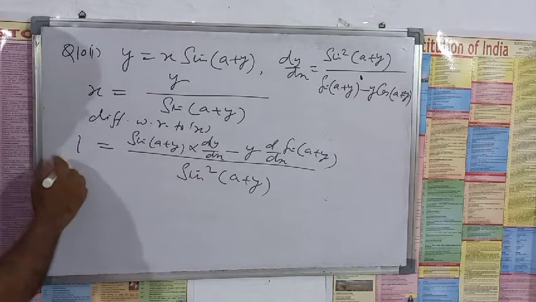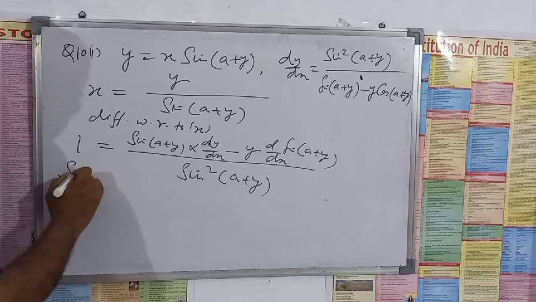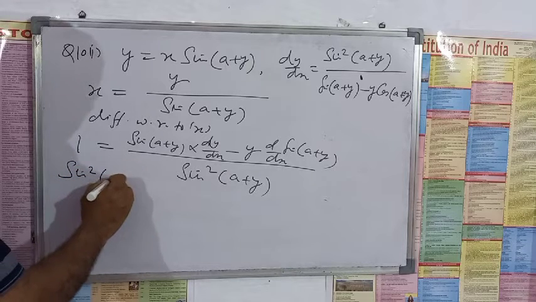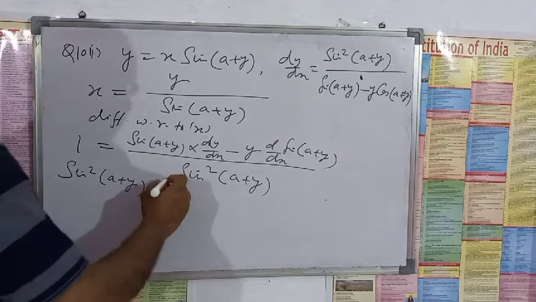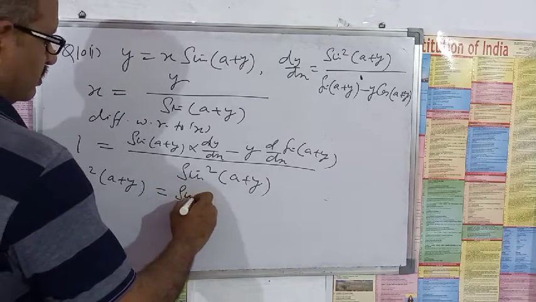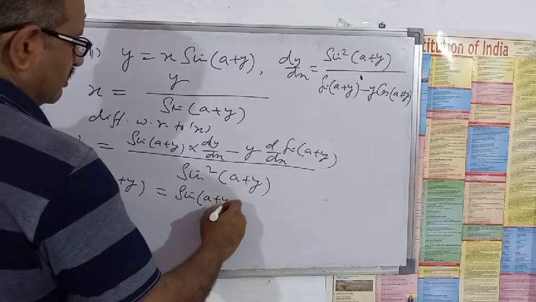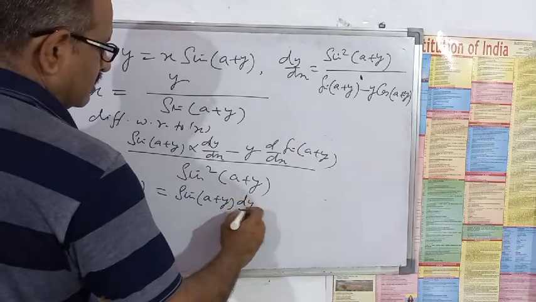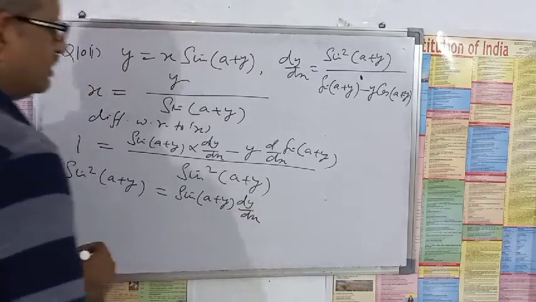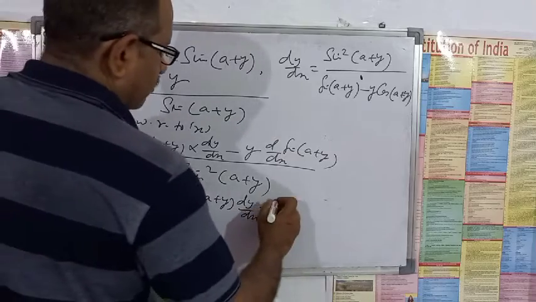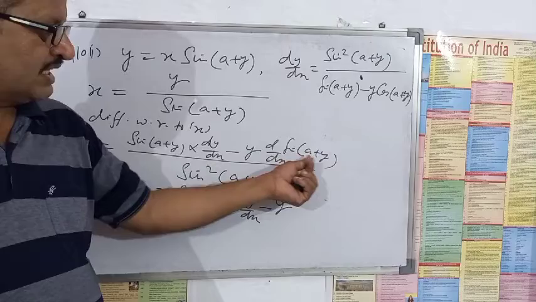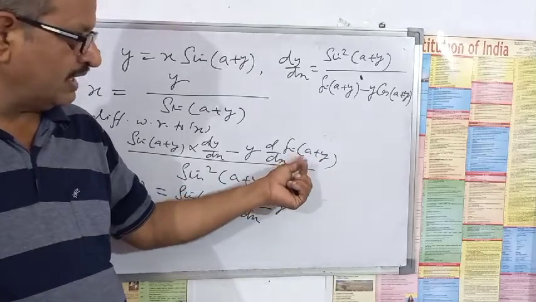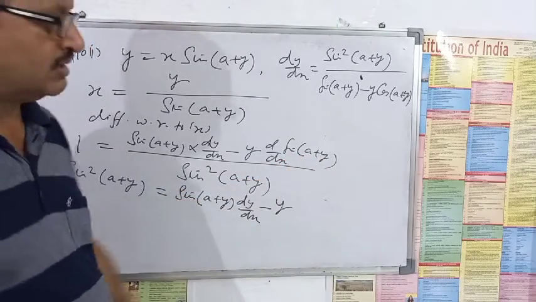Cross multiply: 1 into sine square a plus y is equal to sine a plus y dy by dx minus y into derivative of sine a plus y. We know that the derivative of sin x is cos x.